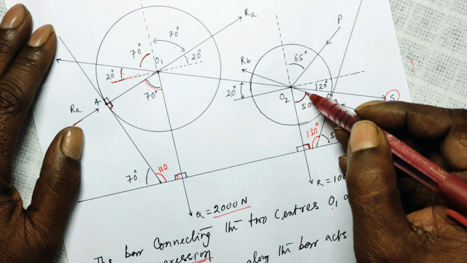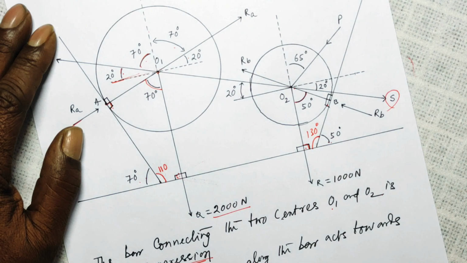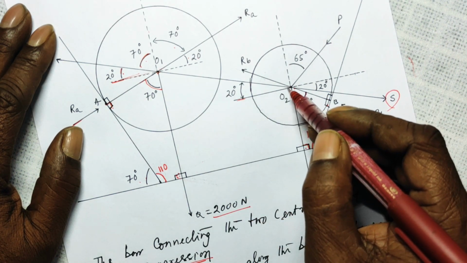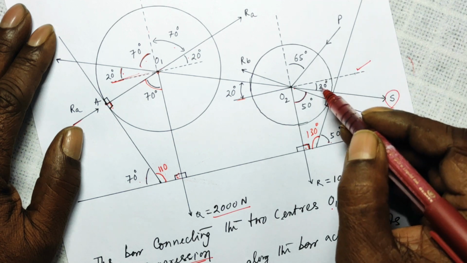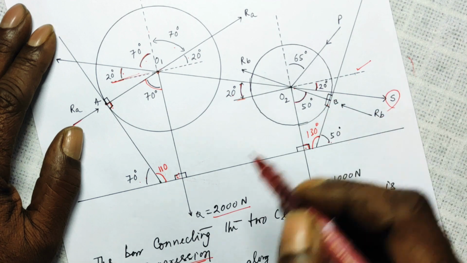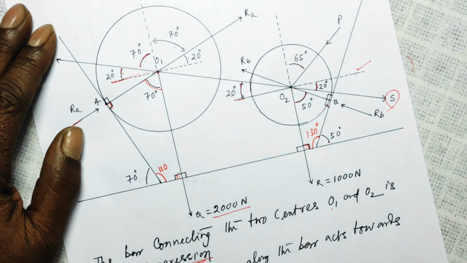Then this has to be 50 to make the sum of the four angles 360 degrees. And if I extend this line to the right hand side as shown dotted, this will be vertically opposite to this. Since this is 20, this is also 20. And this is given as 65.